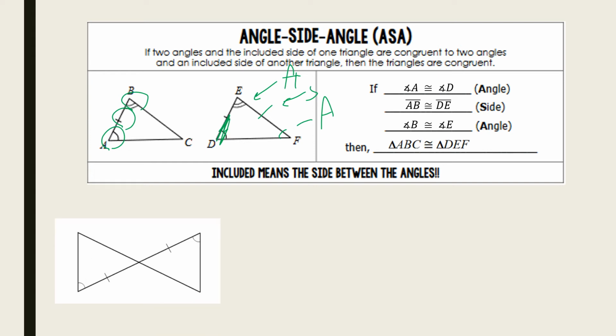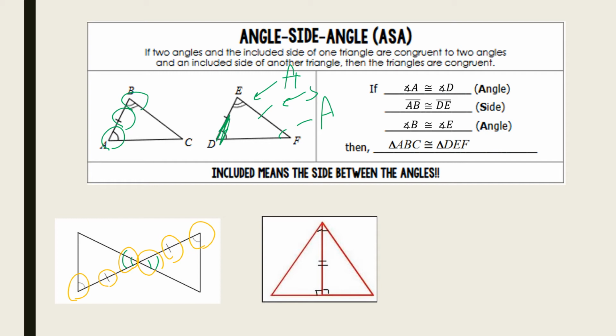Here we go. Immediately, we're going to mark our hidden information. We've got two arc marks there to show our vertical angles, and then we've got angle, side, angle. And again, on the other triangle, angle, side, angle.